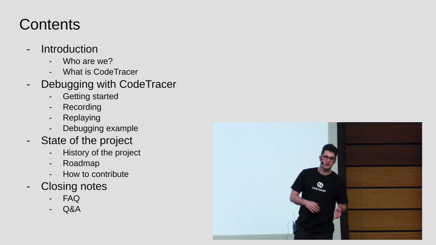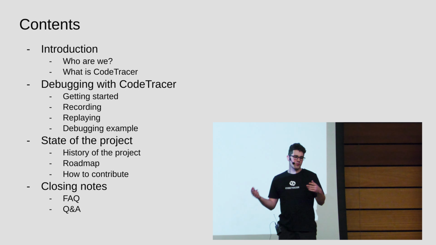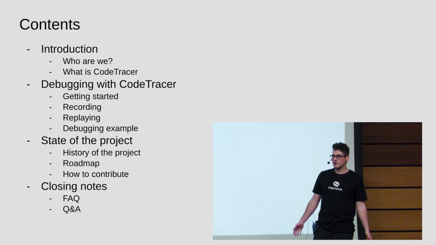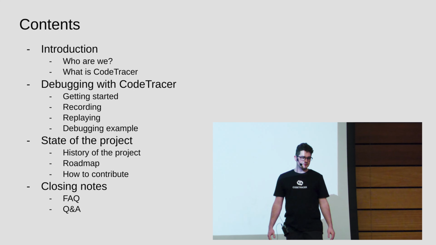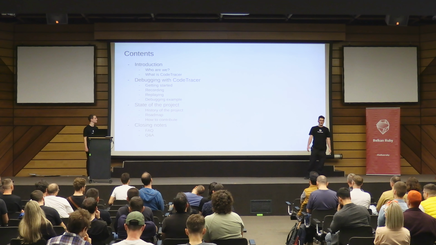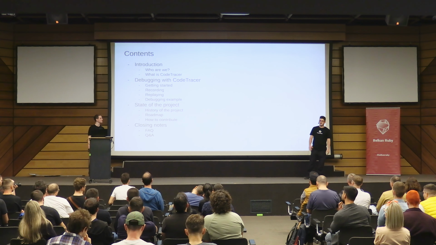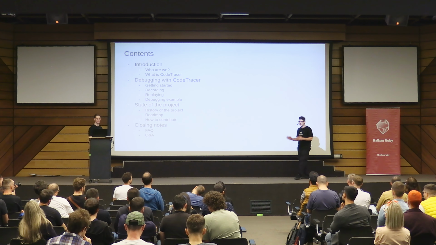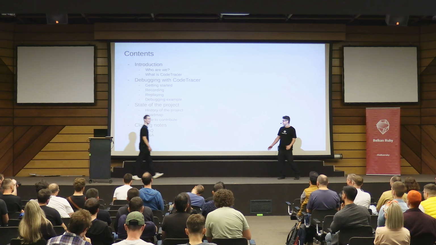Then we are going to continue with the history of the project, what is to be done. And in the end, we are going to talk a bit about how you can contribute to our open source project.